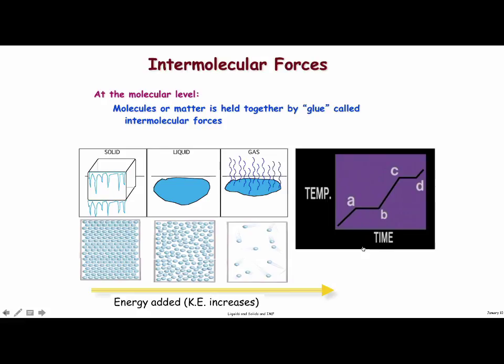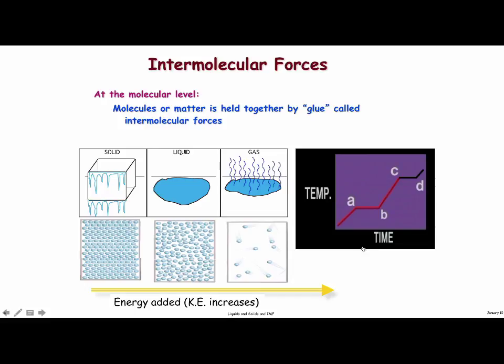On this graph of time versus temperature, the first segment represents heating of the solid. At point A, the solid melts. The temperature remains constant while melting occurs. At B, all the solid has melted, and the temperature again increases as the liquid is heated. At C, the liquid boils.